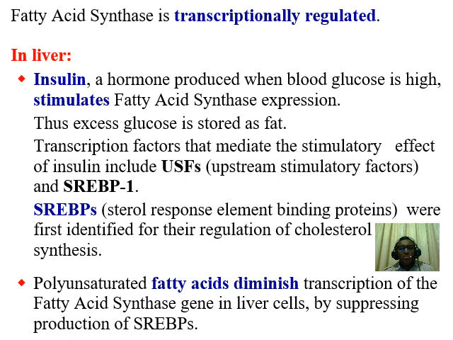That is done by activating two factors: firstly the upstream stimulatory factors, and another one is the SREBPs, that is sterol response element binding proteins. These two components will, at the end result, cause the fatty acid synthase expression to be activated, and therefore fatty acid synthase will be made.